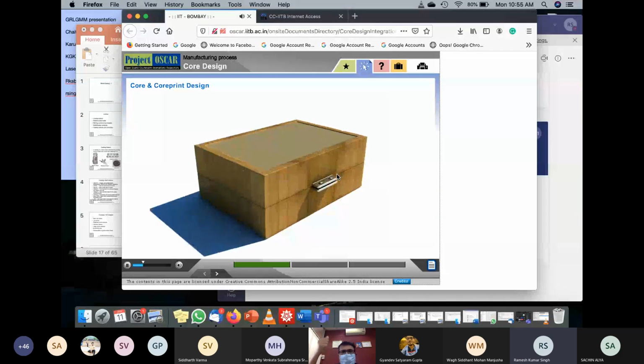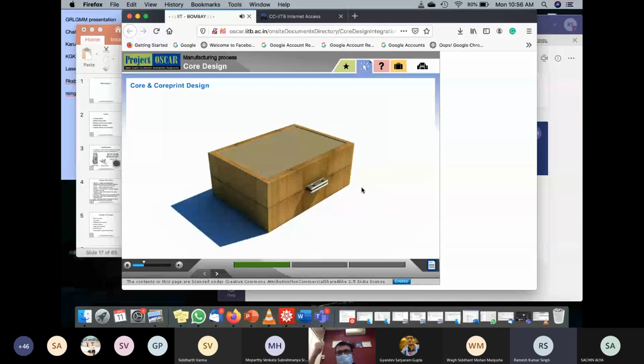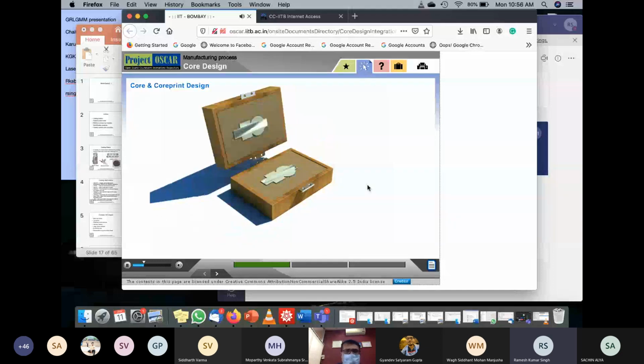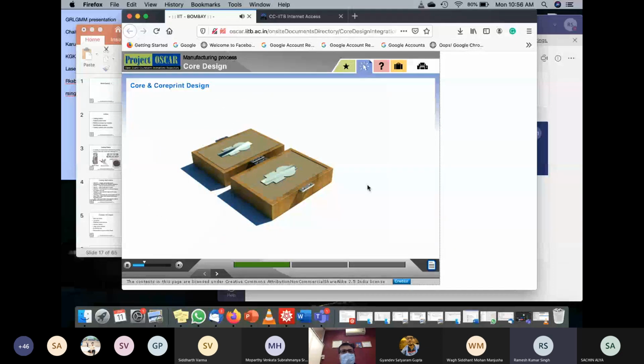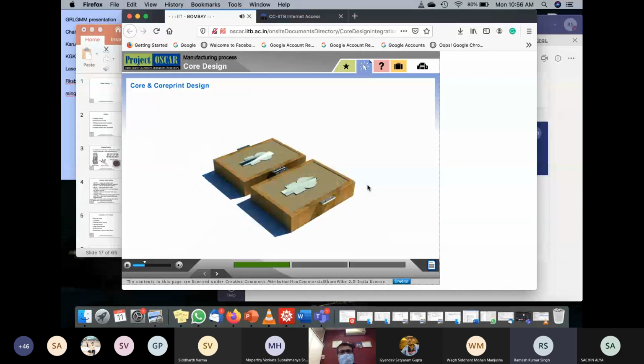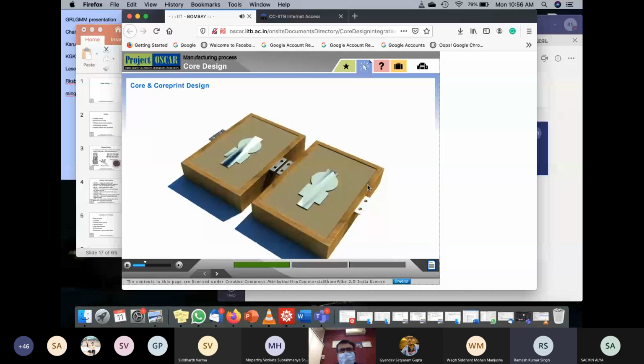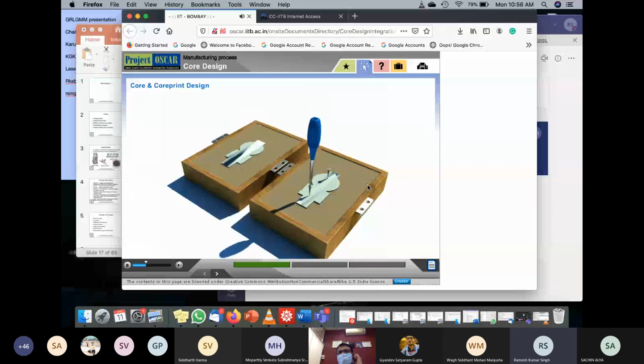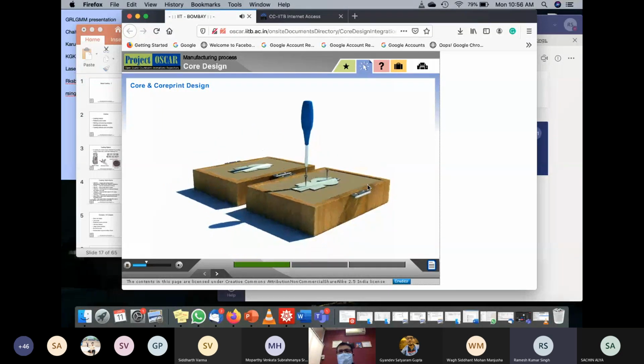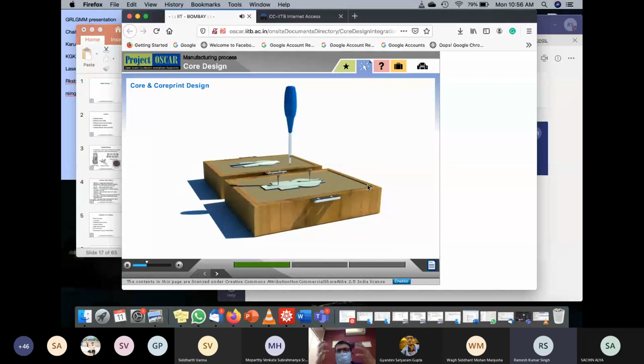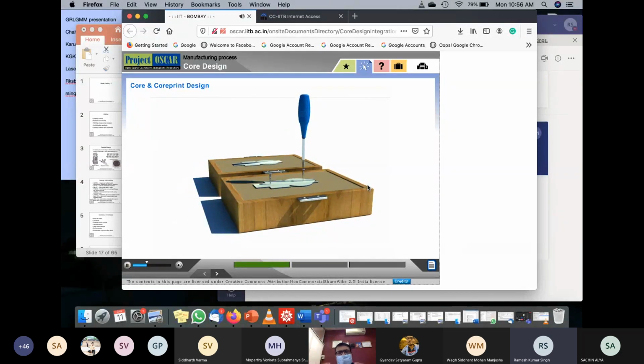You ram it with some sort of a ramming device. And remove the pattern, and then you flip it open and take both these out. So now you have a cavity, and this cavity is surrounded by sand. That's what sand casting is, because you are creating this cavity in two boxes full of sand. And those boxes are termed cope and drag.